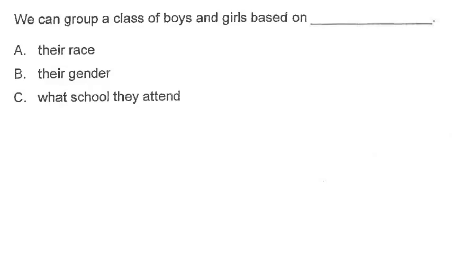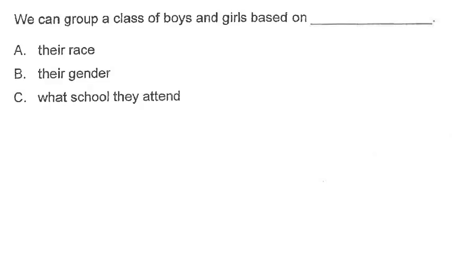We can group a class of boys and girls based on their race, their gender, and what school they attend. So let's think about it. If you have a group of boys and girls in a class, just like our class, can you divide them into the different races?